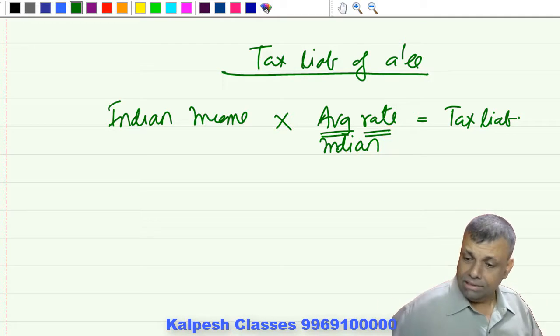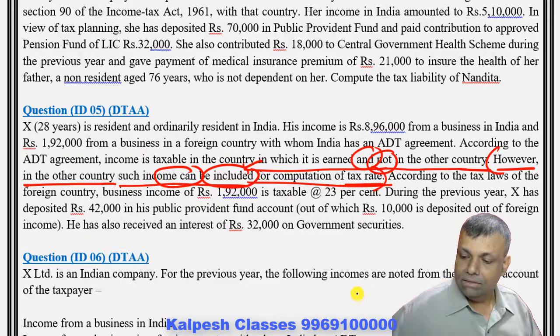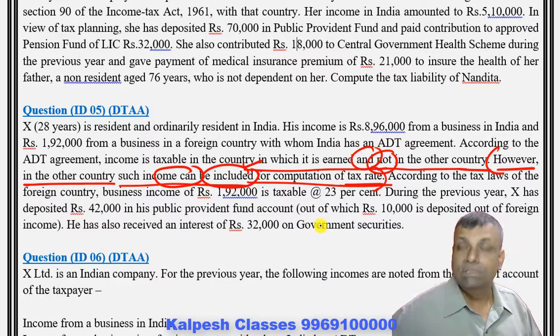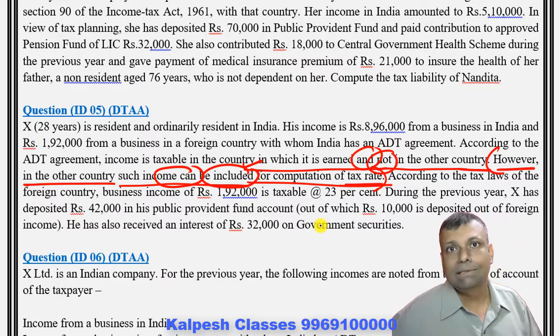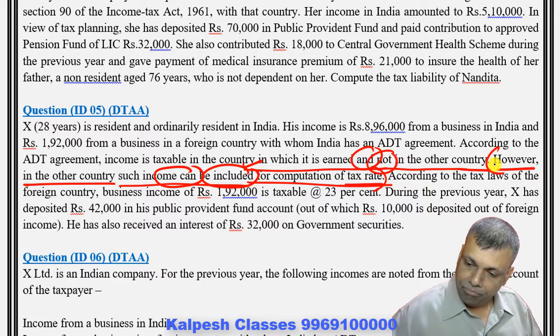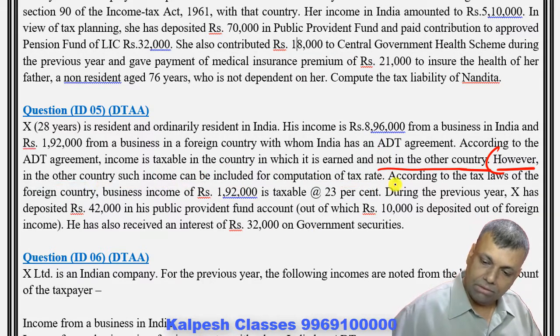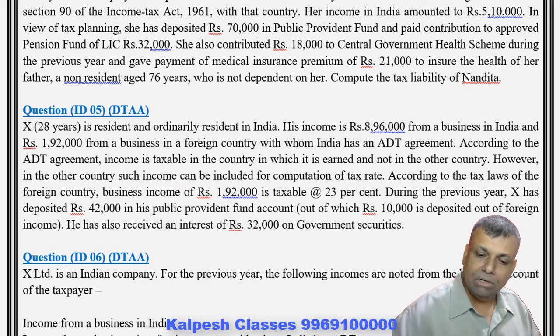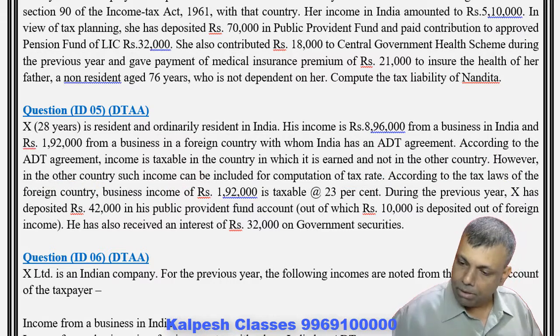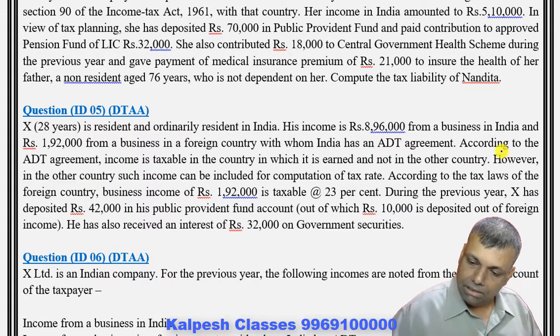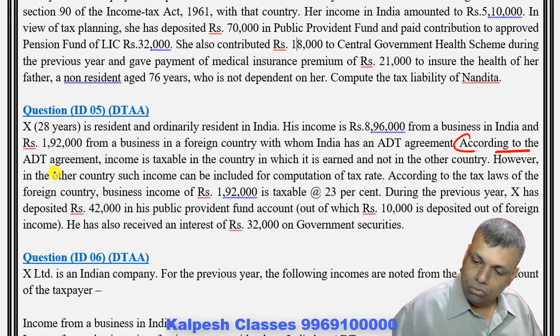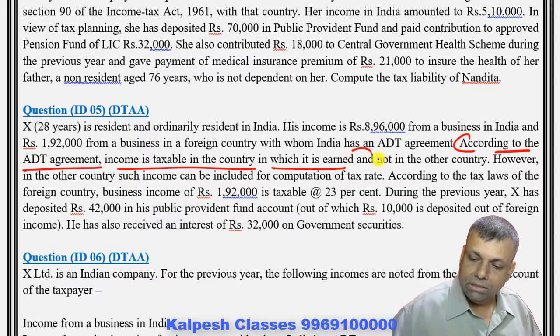So this is the interpretation, and this is one of the remedies provided by the double taxation agreement. I once again repeat, because this is the heart; otherwise, calculation-wise it is pure calculator work and will not be a big problem. According to the DTAA, income is taxable in the country in which it is earned and not taxable in the other country.